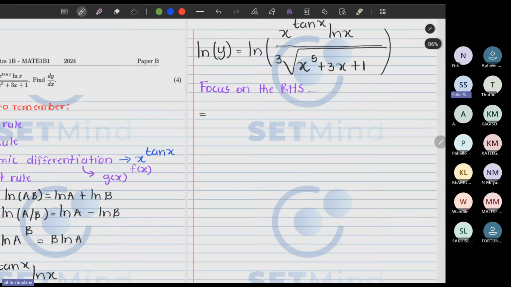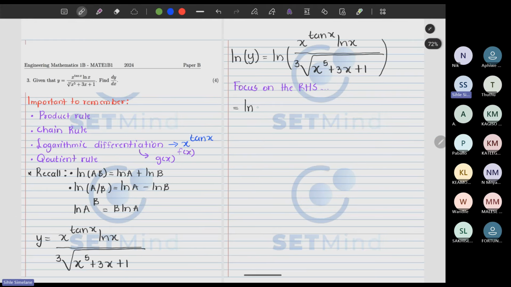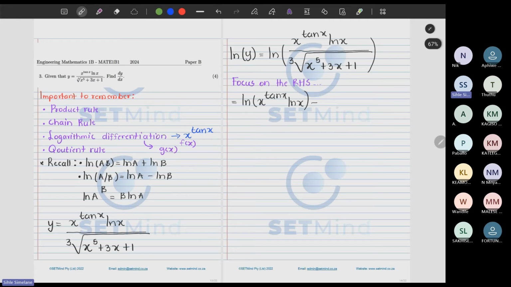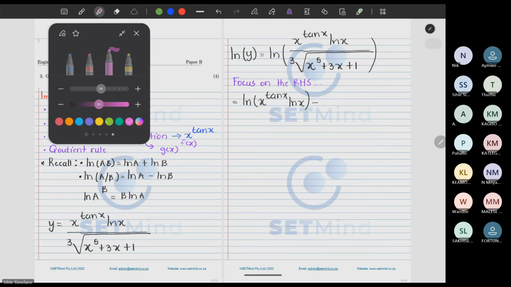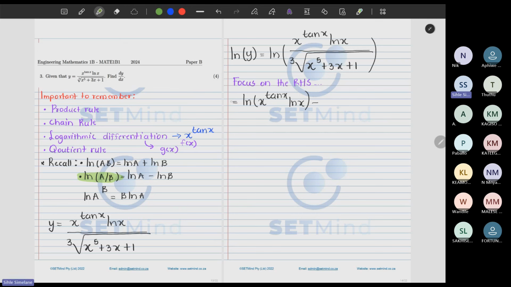So if you look carefully, we have the numerator, which is ln of x to the power of tan of x, ln of x. But the denominator is there. So I'm going to apply this rule already. Here, I'm going to minus the denominator. So I'll have ln of numerator minus ln of that denominator, which is all of this.